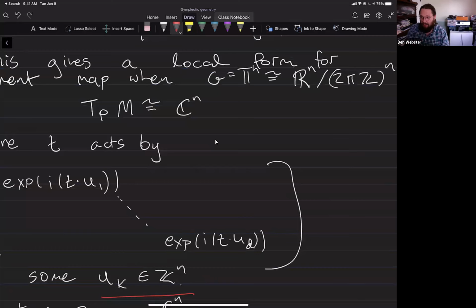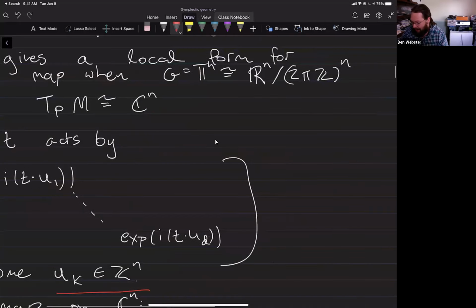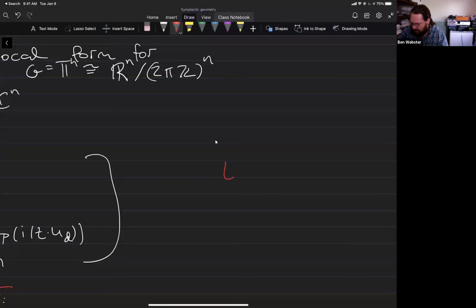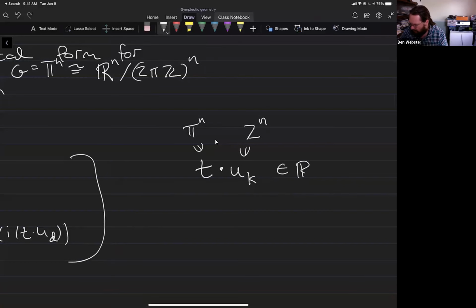With t in T^n and u_k in Z^n, what I get is a well-defined element of R mod 2πZ.